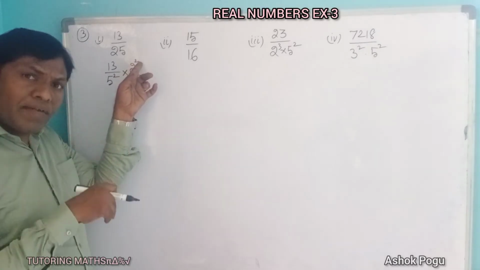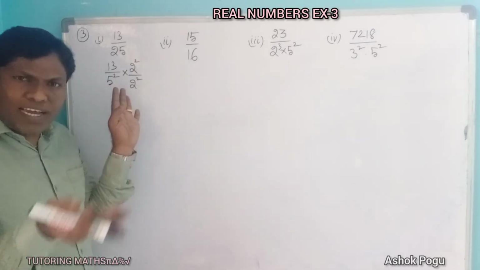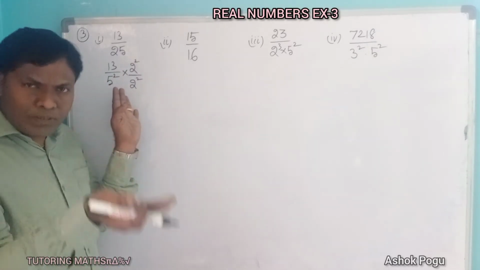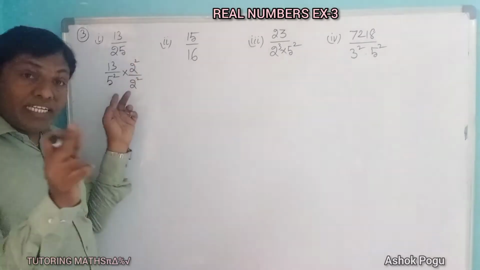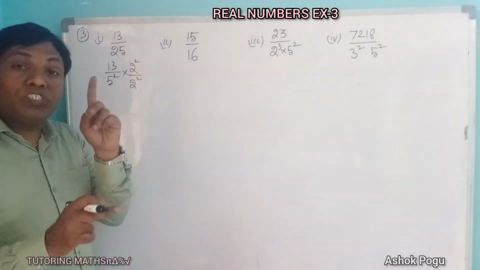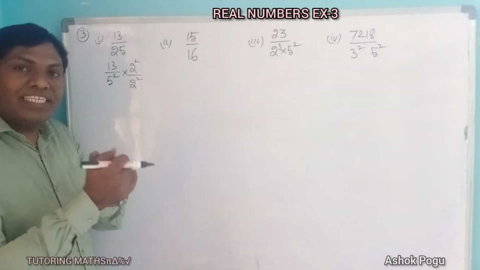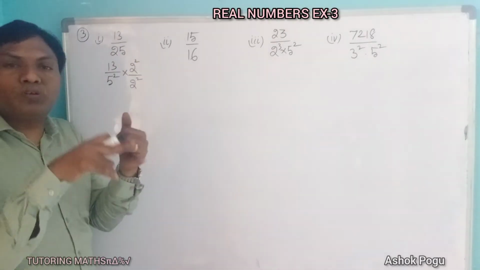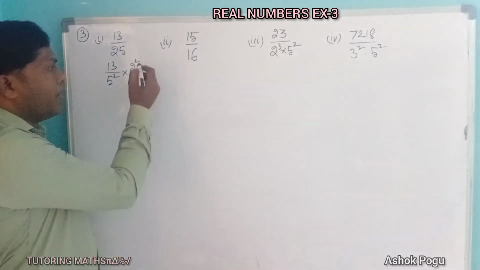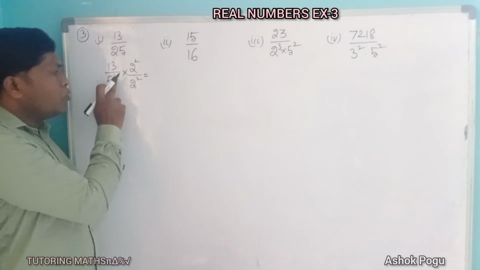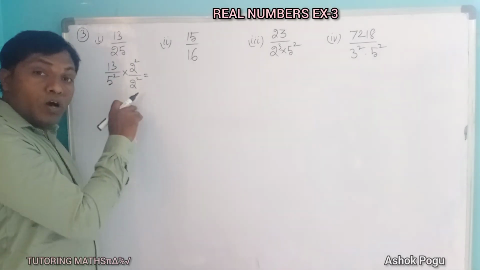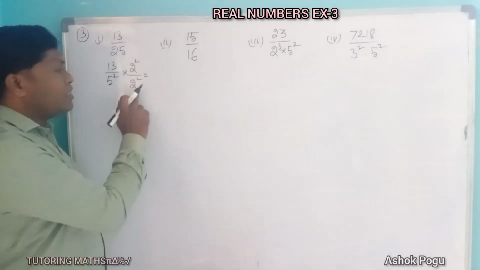Actually, the denominator should be converted into decimal fraction, because when you change the denominator value, the whole value changes. That's why, to balance, the numerator also should be multiplied by 2 square. So keep in mind once again, 5 square is there 2 times, therefore 2 also should be taken 2 times, that is 2 square.